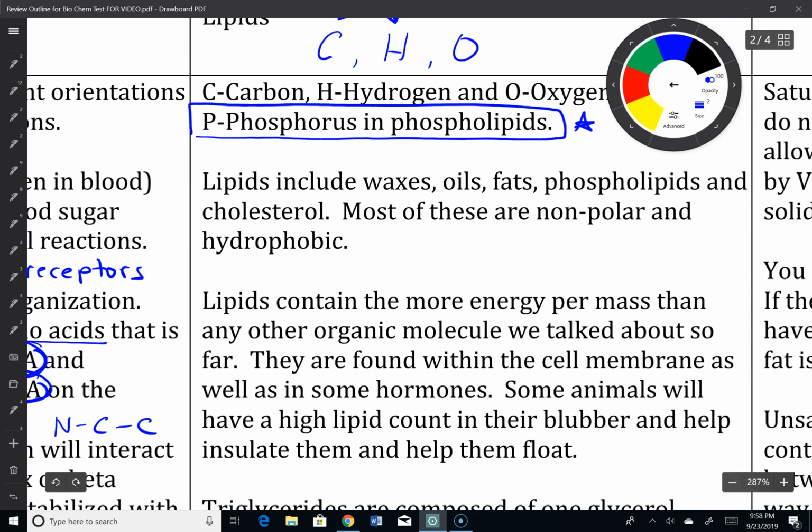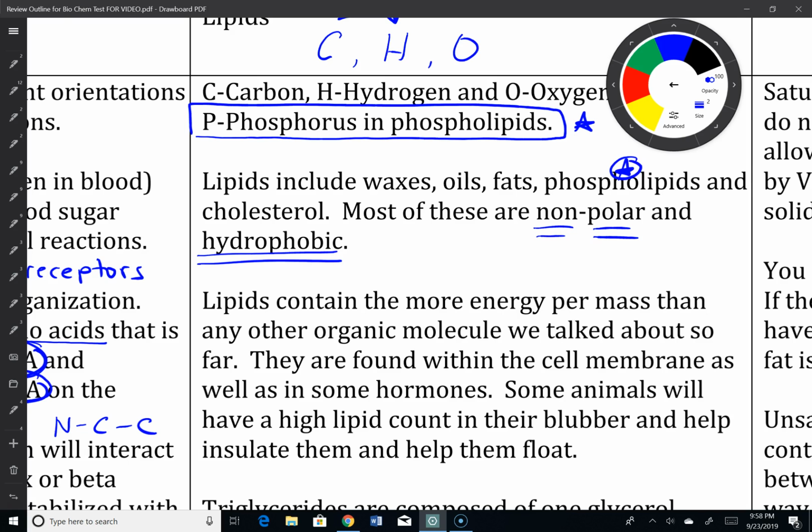Lipids include waxes, oils, fats, phospholipids, once again, asterisks, we'll see more about those in a second, and things like cholesterol. These things are non-polar, non-charged, and very hydrophobic. They do not want to know anything about mixing with water. Not at all.